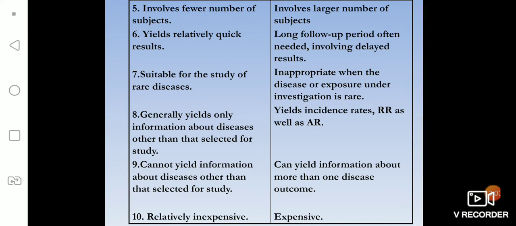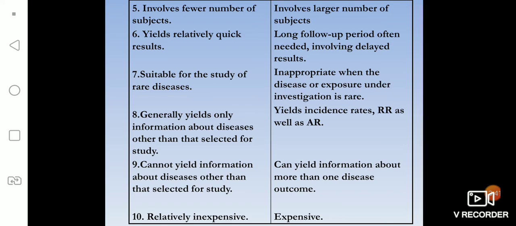A case control study involves a smaller number of subjects, whereas a large number of subjects are involved in cohort studies. Case control studies yield quick results, whereas cohort studies take a long time and involve delayed results. Case control studies are suitable for rare disease studies, whereas cohort studies are inappropriate when the disease or exposure under investigation is rare.